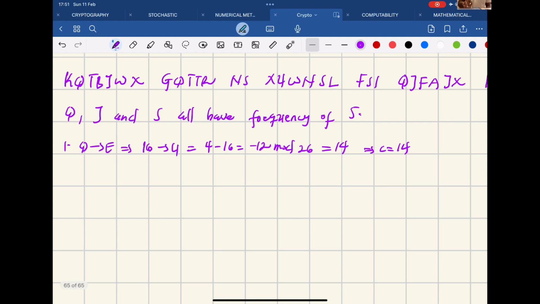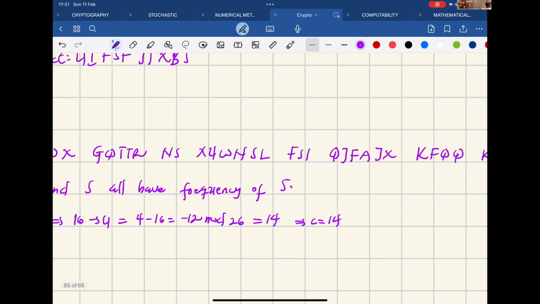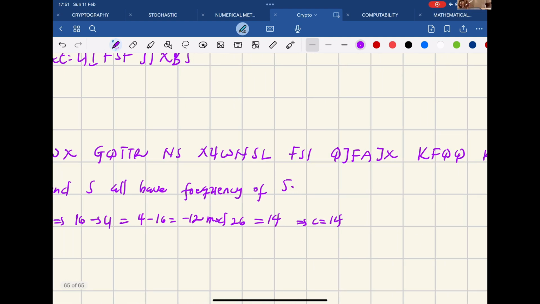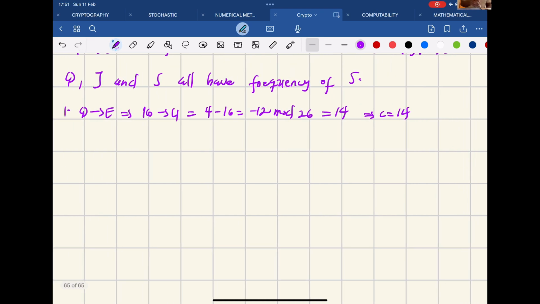Let's pick a sequence, for instance KFQQ. K corresponds to 10, F is 5, Q is 16, Q is 16.